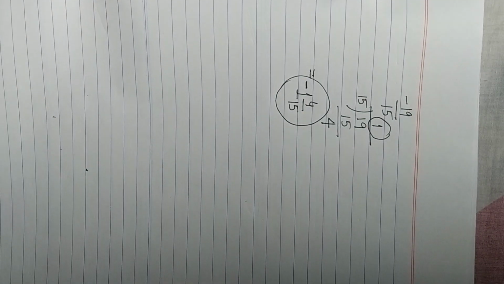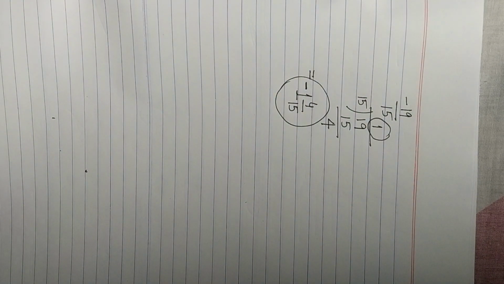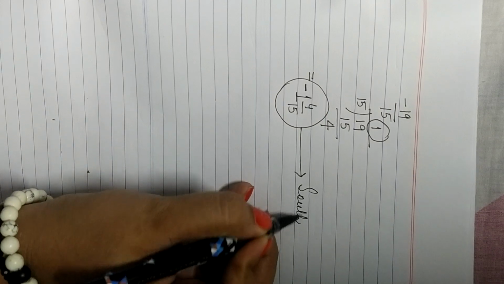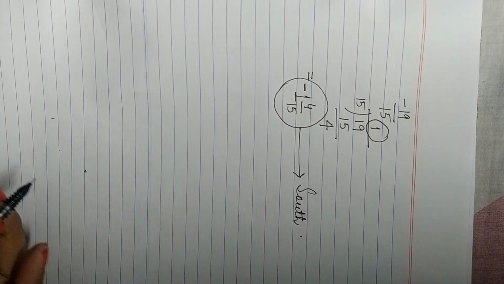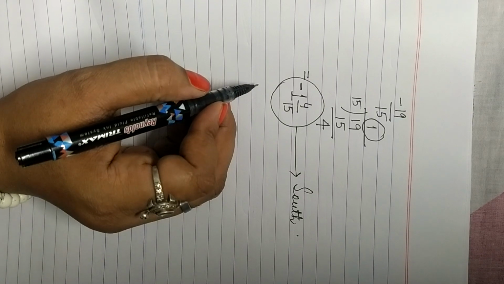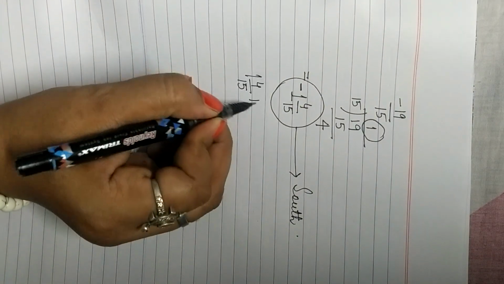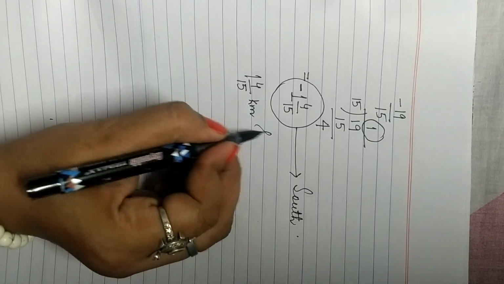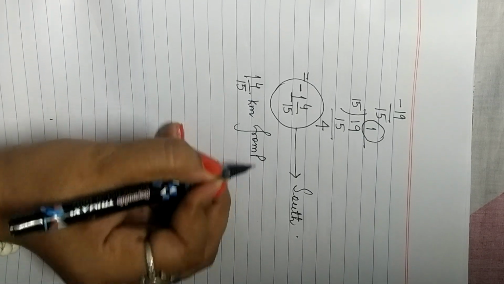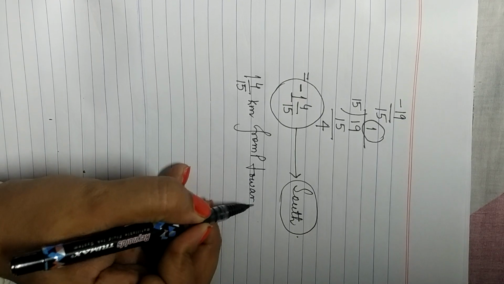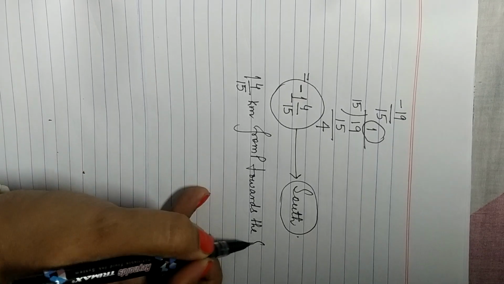Which direction we were taking it in a negative sign? We were taking it towards the south. So the person is 1 4 upon 15 kilometers from P towards which direction? Towards the south direction.